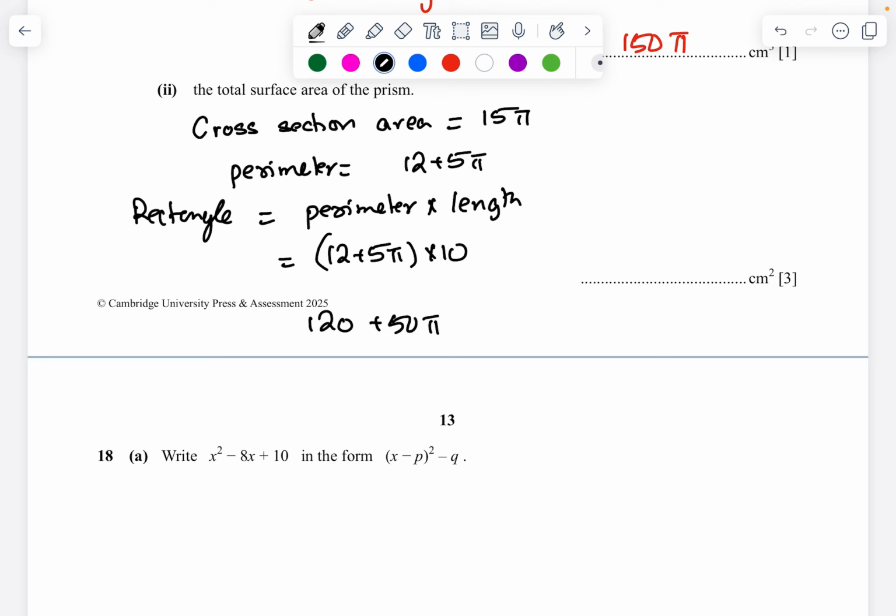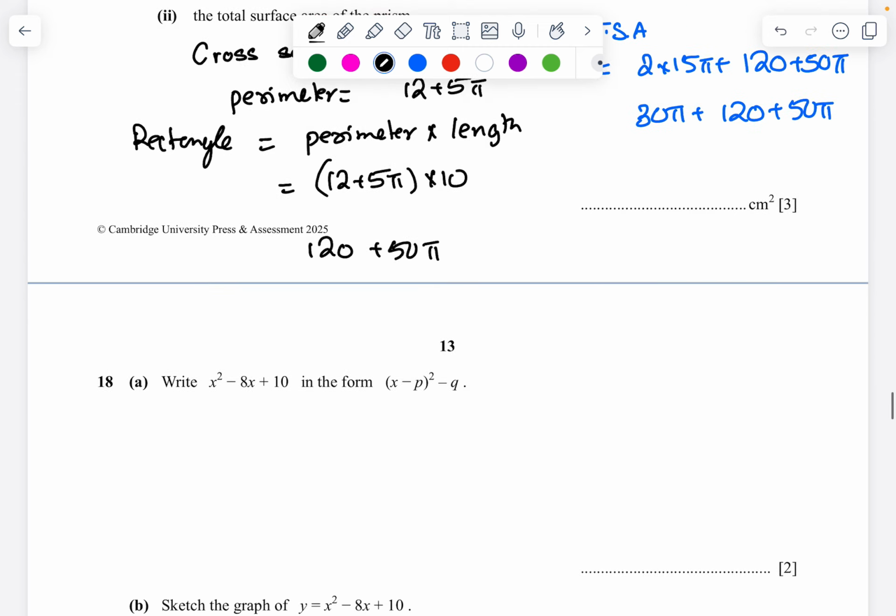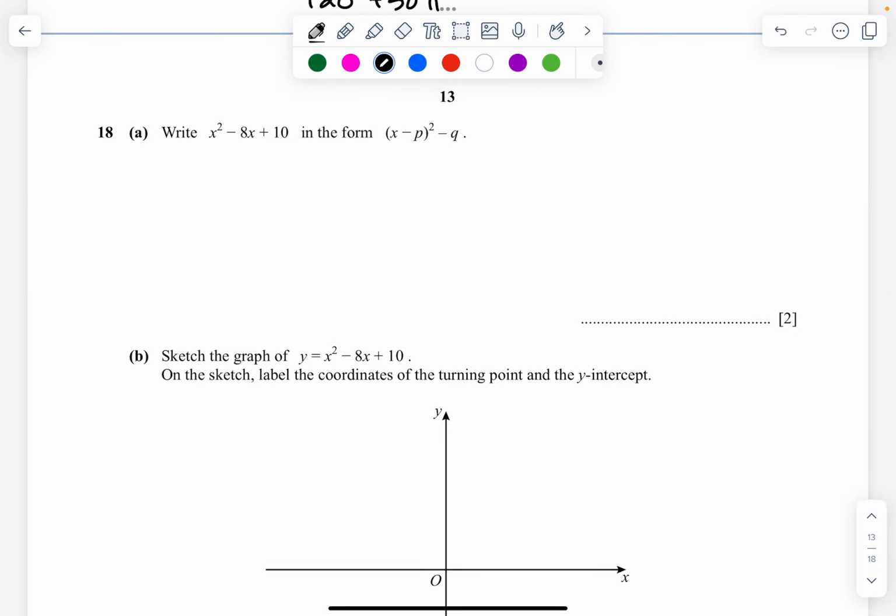So now total surface area. What's going to be the total surface area? 2 times 15 pi plus 120 plus 50 pi, which is going to be 30 pi plus 120 plus 50 pi. So my final answer is going to be 120 plus 80 pi.